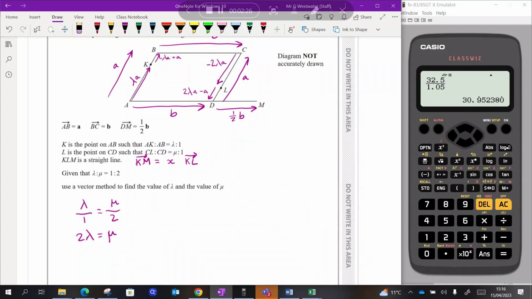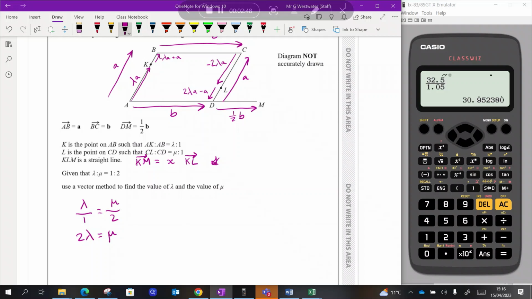Okay? And now everything in here is in terms of lambda, and all I need to do is use this relationship to work out what the value of lambda is, and then conversely what mu is going to end up being. So let's work out an expression for KL.